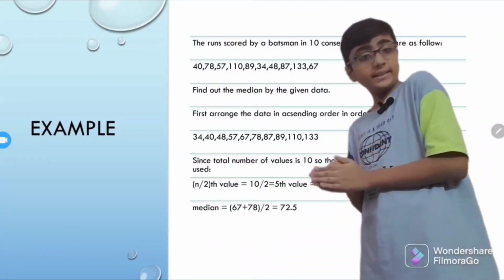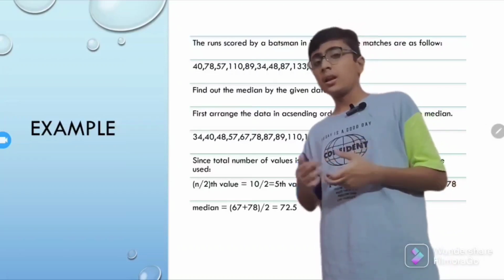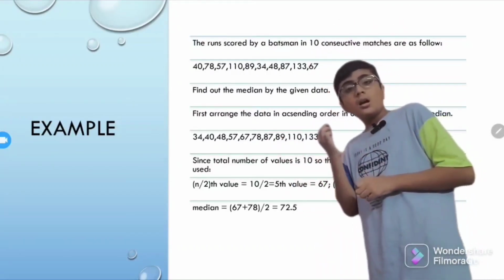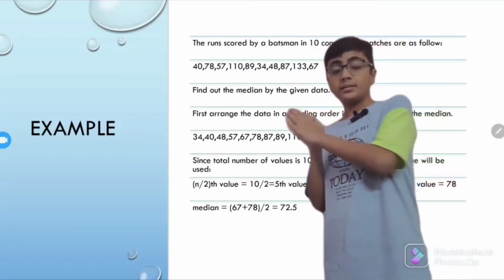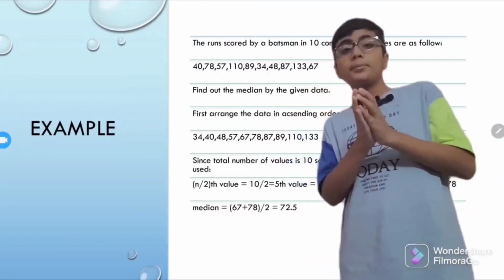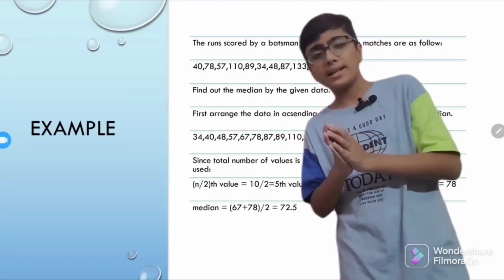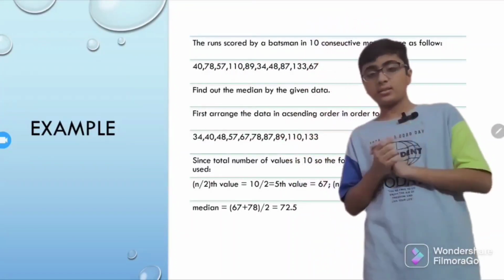Now, for better understanding, let's do an example question. As written, the data represents some runs scored by a batsman in 10 matches.